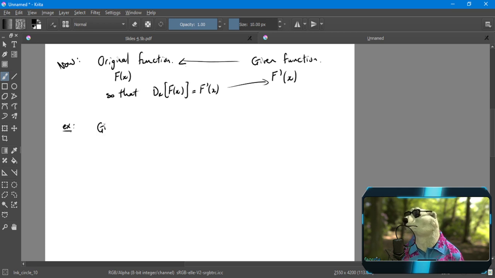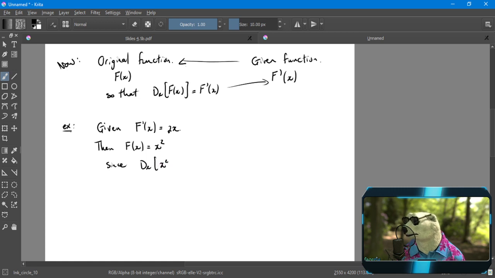If we're given that the answer to my derivative question is 2x, then the original function must be x squared, since the derivative of x squared by the power rule is 2x, and it gives me my desired derivative answer.